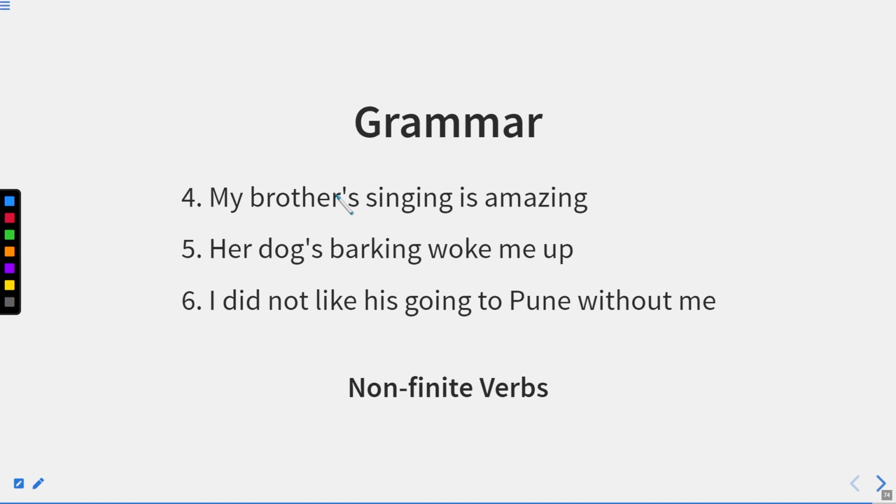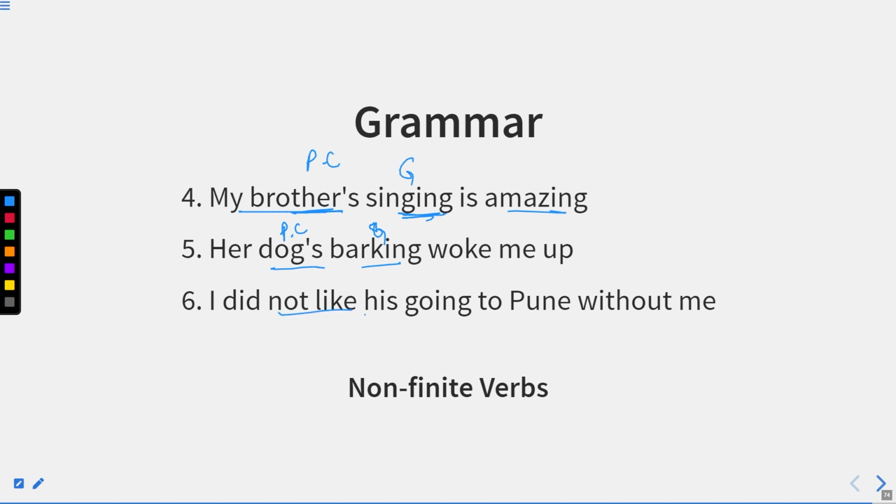Now let us move to the next slide. Here again we have some sentences. My brother's singing is amazing. So we are talking about the singing of whom? Brother. Brother is a noun which is written in the possessive case over here, and singing is a gerund. Her dog's barking woke me up. So I'm talking about the barking of the dog. So dog's is the possessive case and barking is a gerund.